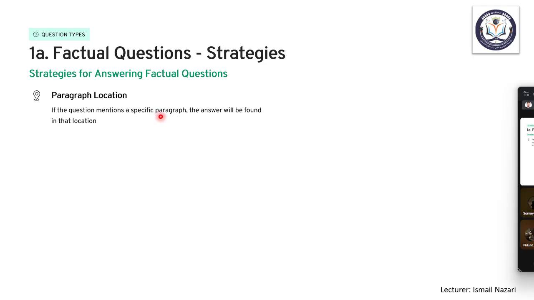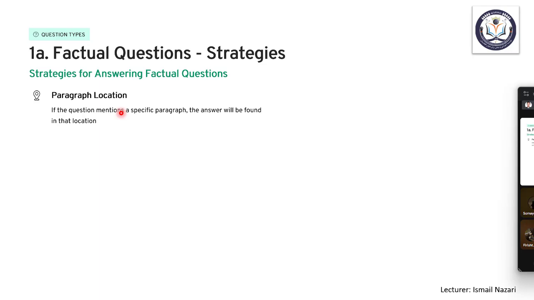So you can check out that specific paragraph and scan the detail, scan the question or the keyword which is asked. If it is not stating the specific location, the specific paragraph, we have to quickly scan the keyword which is inside the question, and then we can find the right answer.